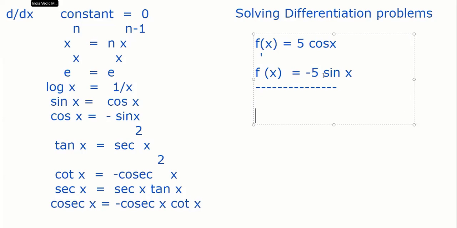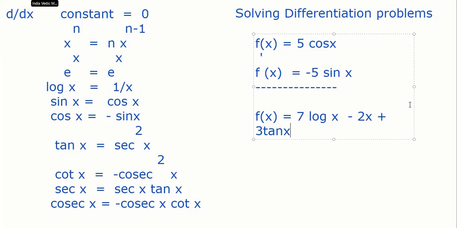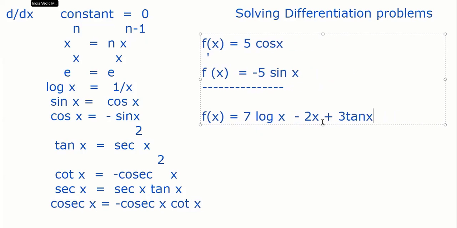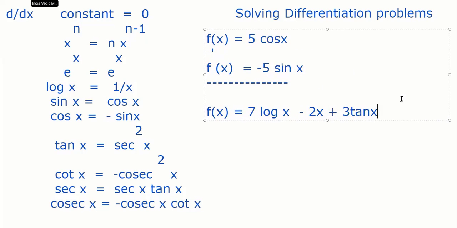If I say my function is 7 log x minus 2x plus 3 tan x, what should be the differentiation of this? The function is f(x) equal to 7 log x minus 2x plus 3 tan x. Log x means the base is e, okay? What do we do?